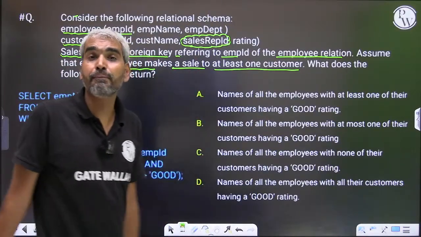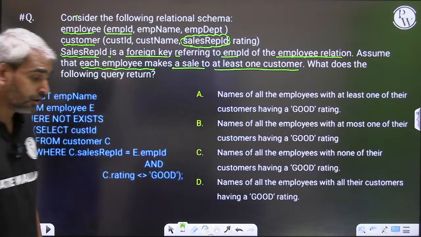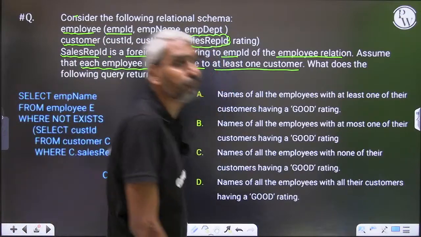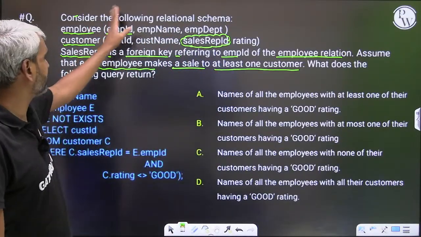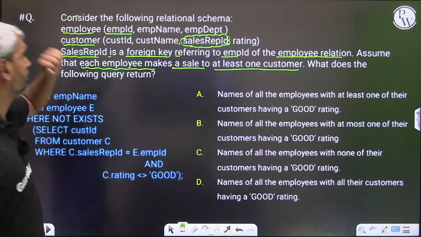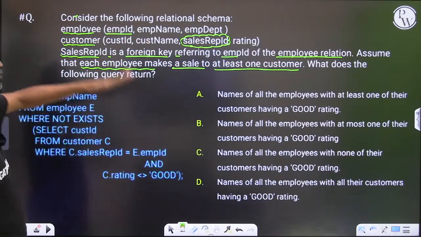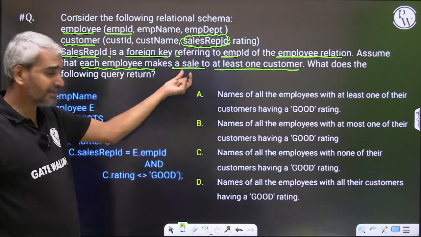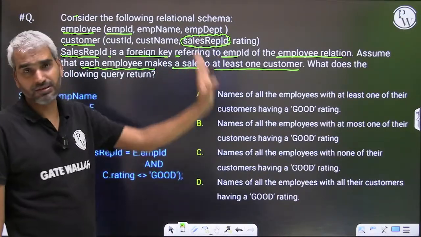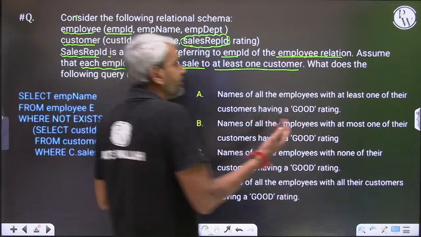There is no employee who did not supply any item to any customer. So all the employees have supplied at least one item to at least one customer. Sale means it supplied at least one item.